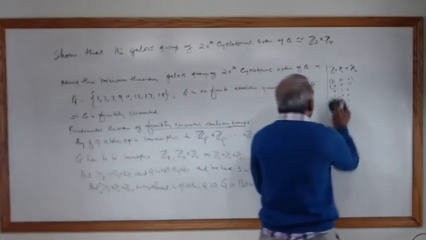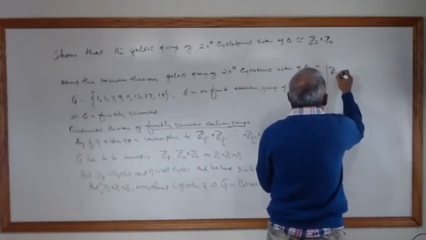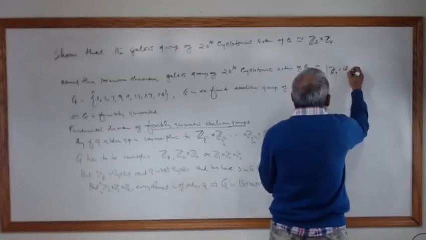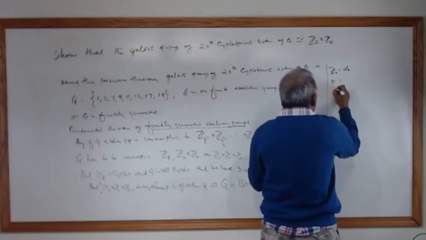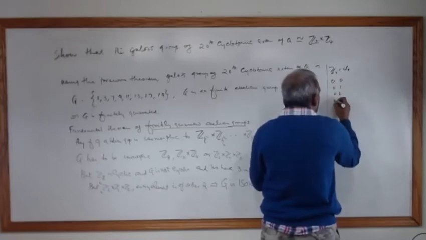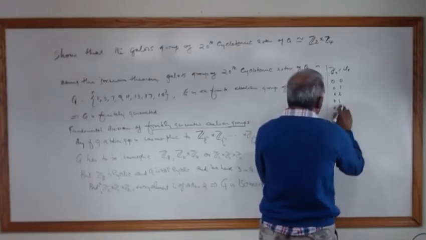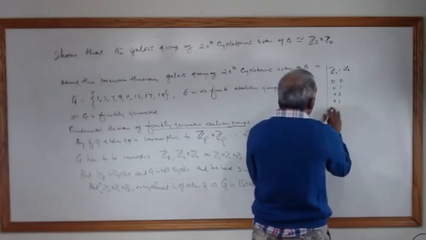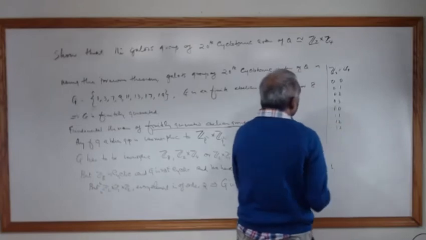The elements of Z2 cross Z4 are 0,0, 0,1, 0,2, 0,3, then 1,0, 1,1, 1,2, 1,3. These are the elements here.